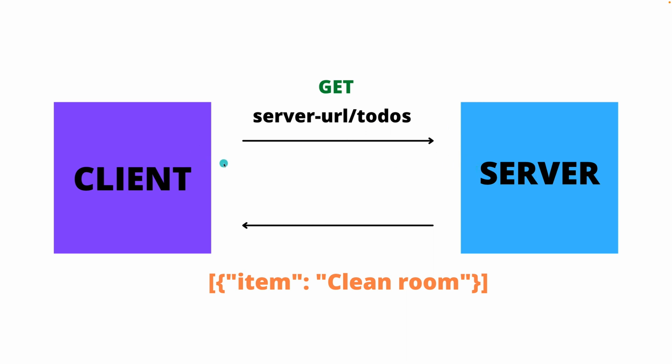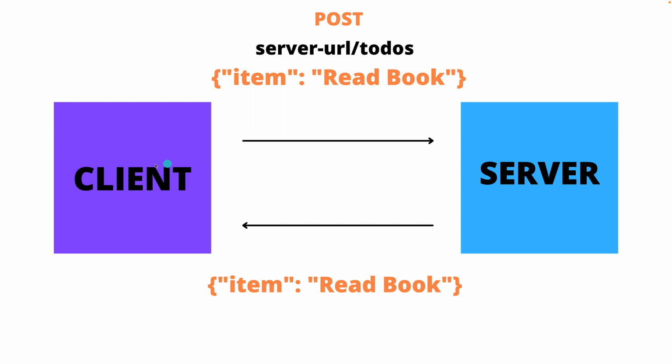So another example, let's say we want to add and create a to-do. Well, what we can do is hit this exact same URL, but change this to a POST request. This right here is the verb. Now what we want to do is add a to-do. So the client needs to provide the server with information about the to-do itself.